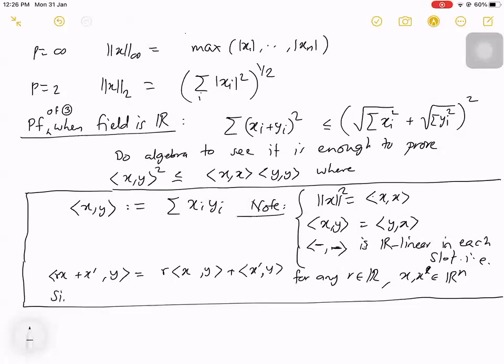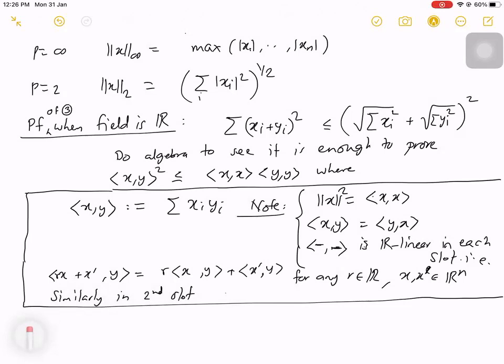And similarly in the second slot, if I put some linear combination over there. So is the meaning clear? Yes. Right. So that's what your usual scalar product satisfies.